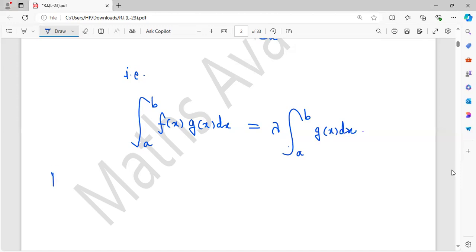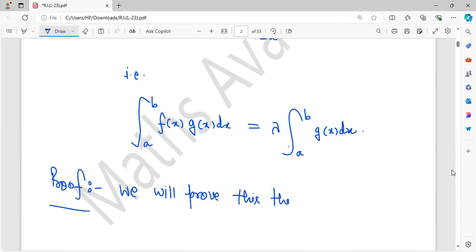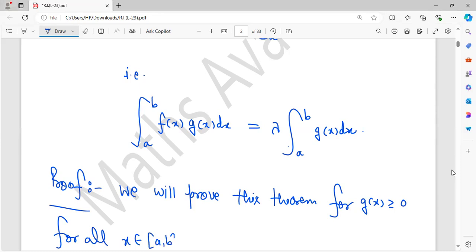So we will prove this theorem for g(x) greater than or equal to 0 for all x belonging to [a,b].